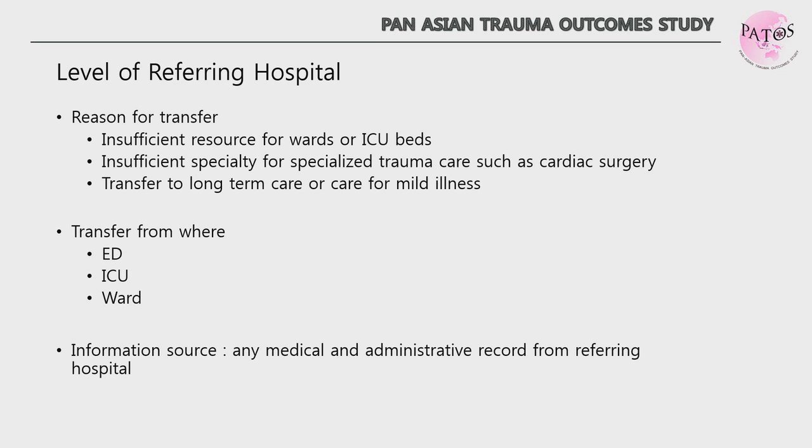The transfer from where variable asks whether the patient was transported from ED, ICU, or ward of the referring hospital. To investigate these types of variables, it would help you to review a variety of information sources such as medical and administrative records of the referring hospital and doctor's referral note.